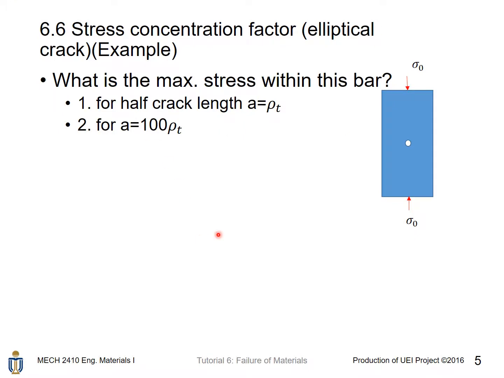Let's use an example to further illustrate this equation. What is the maximum stress within this bar? Case 1: half crack length a equals rho t. Case 2: a equals 100 rho t. And the loading condition is shown here in this picture.